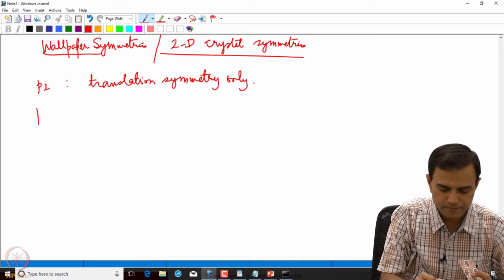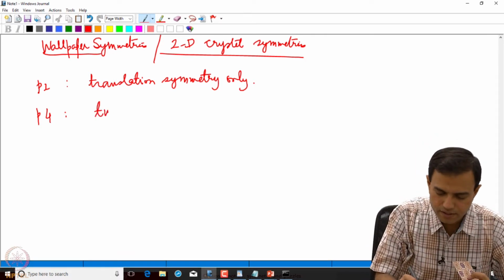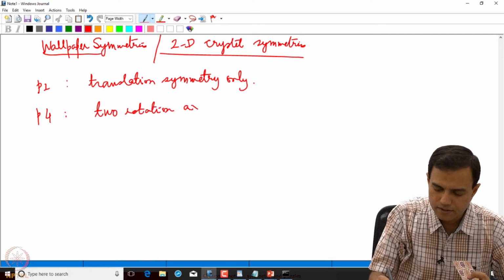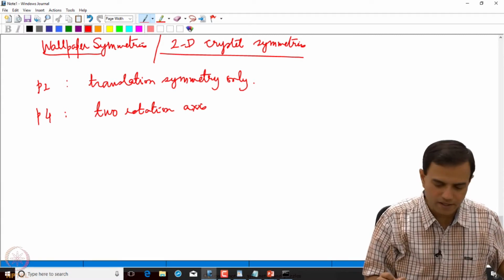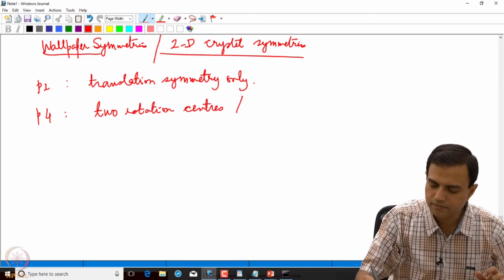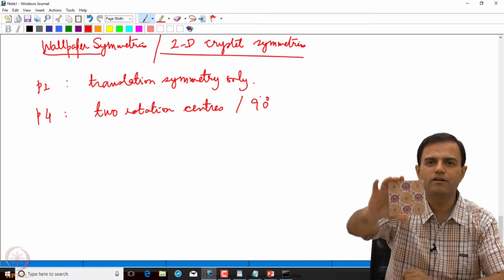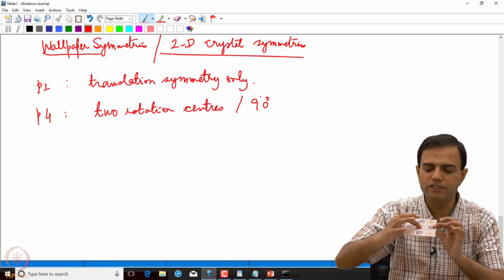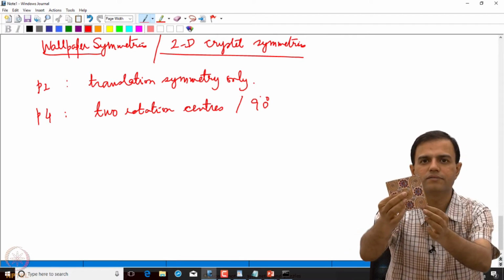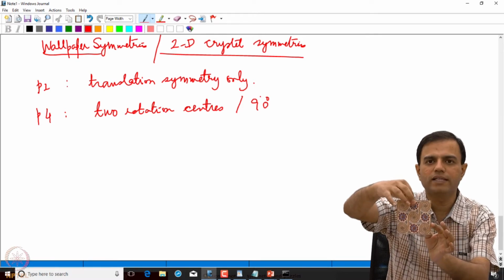What does P4 have? P4 has two rotation axes, or maybe I should call them centers, of 90°. So what are the rotation centers here? If I pick the center of this and then I rotate, that is one. Or I can actually pick the center of this one and then I can rotate.